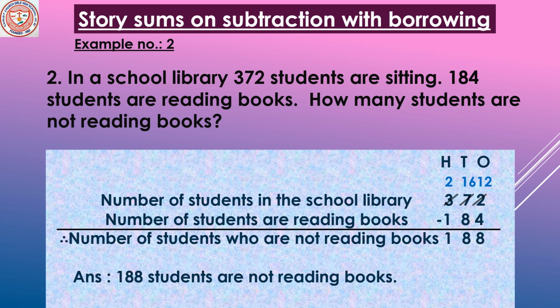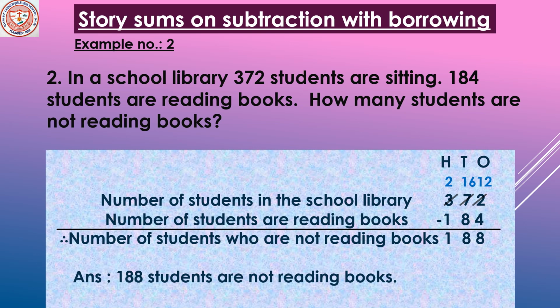So we have to borrow again 100 from the hundreds column. And we know that 100 is equal to 10 tens. So 10 tens plus 6 tens is equal to 16 tens. Now we can subtract 8 tens from 16 tens. So 16 tens minus 8 tens is equal to 8 tens. And write 8 in the tens column.